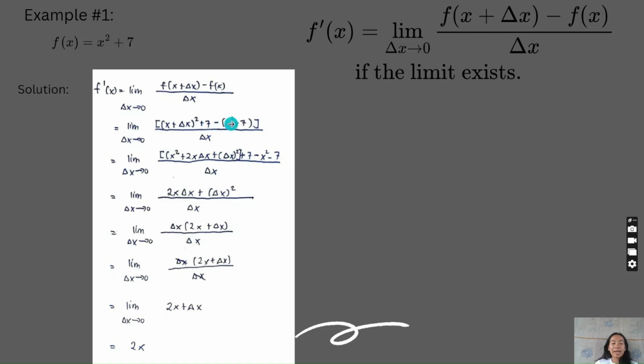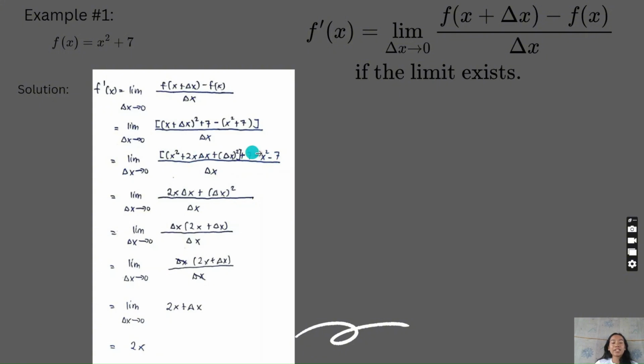And as for the minus sign, what we just did is to distribute it to the two terms, as it is enclosed with parentheses. So negative x squared, and negative 7. So now it becomes x squared plus 2x delta x plus delta x squared plus 7 minus x squared minus 7 all over delta x.